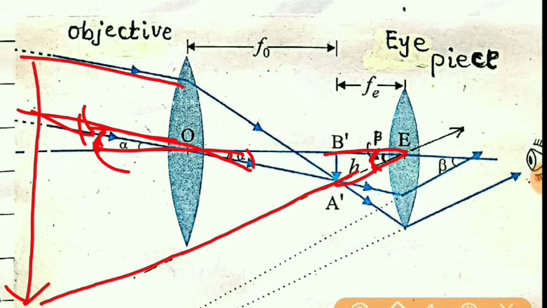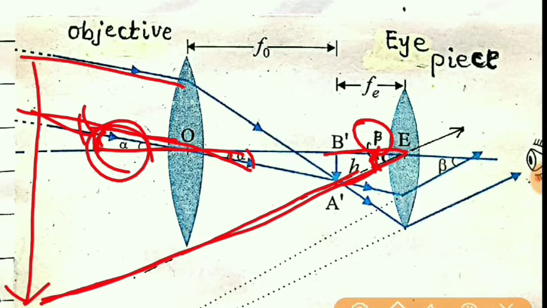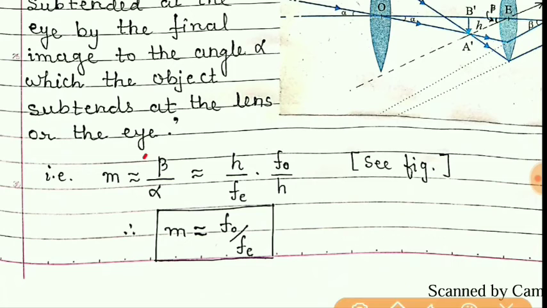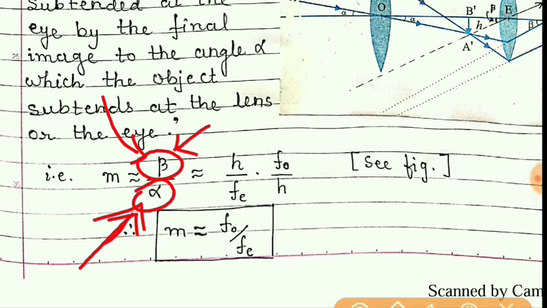So it is angle beta upon angle alpha, the angle subtended at the image to the angle subtended at the object.